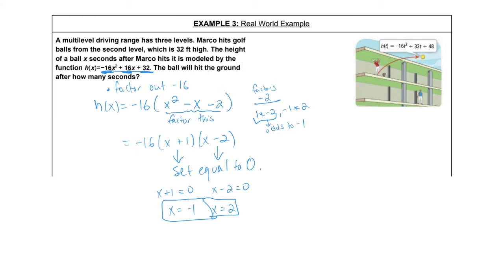Now it says the ball will hit the ground after how many seconds? So if we think about our x-axis, it is the number of seconds. We got 2 solutions, x equals negative 1 and x equals 2. Can we have negative seconds? No, we cannot. So technically, we're not going to use that negative 1. We can't have negative seconds.